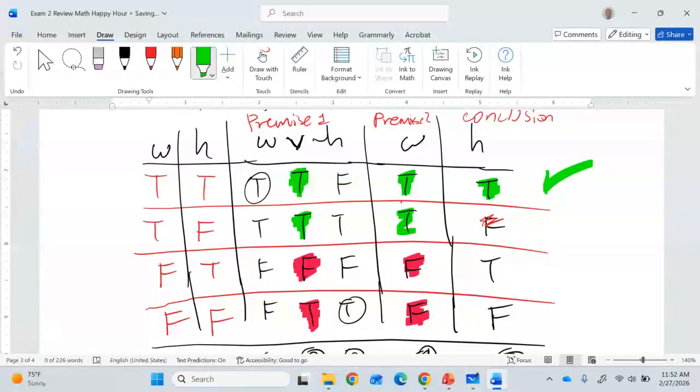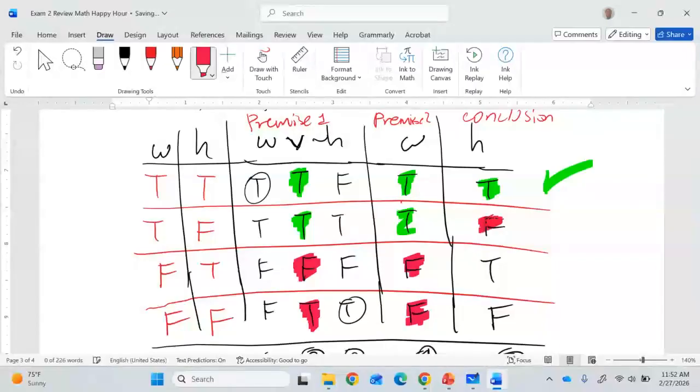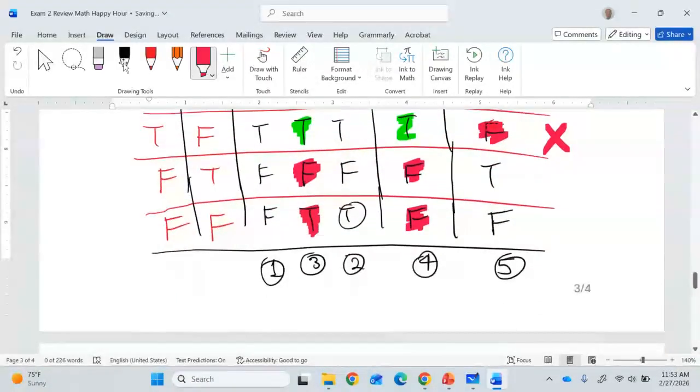This is not okay in a valid argument. In a valid argument, all of the rows where the premises are true, the conclusion needs to be true as well. Because the two premises are true and the conclusion ended up false, that one row makes the whole argument invalid.